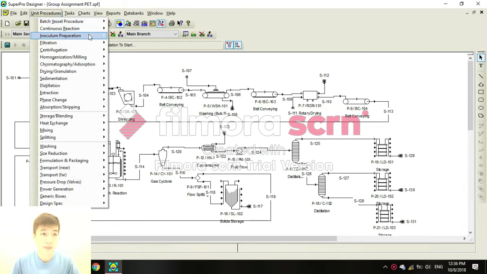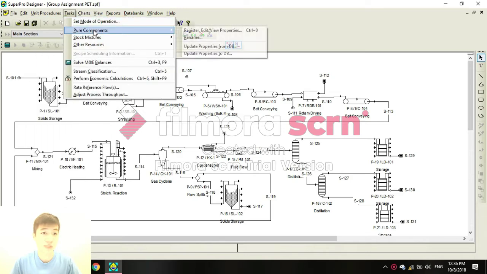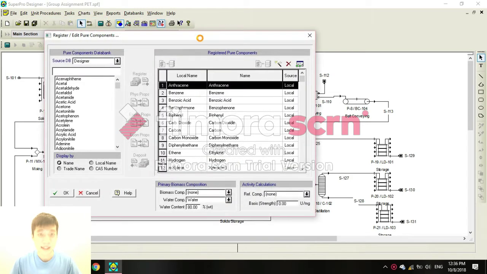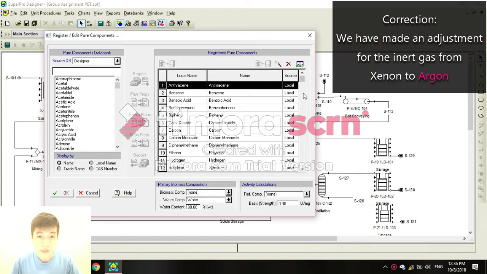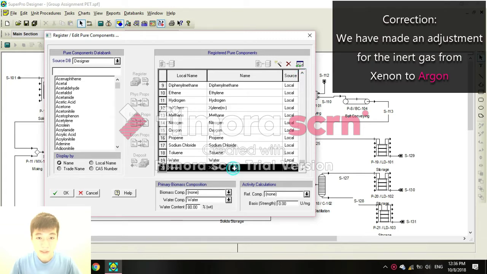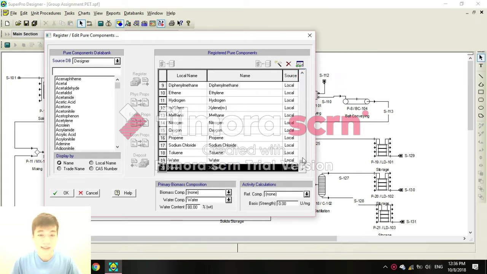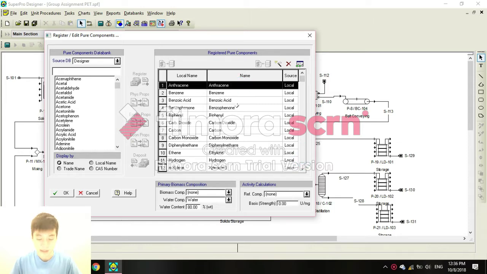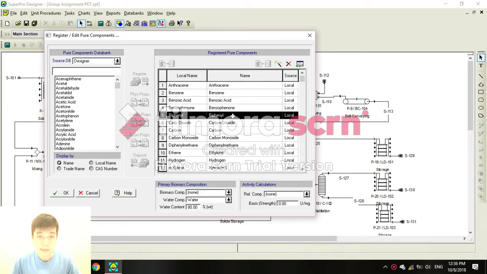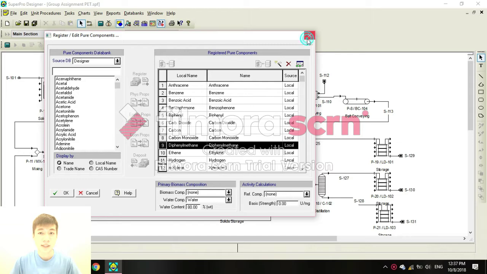First, what we are going to do is register the inlet, which is the xenon, as well as the five components of the pyrolysis oil, which are anthracene, benzoic acid, biphenyl, benzophenone, as well as diphenylmethane.